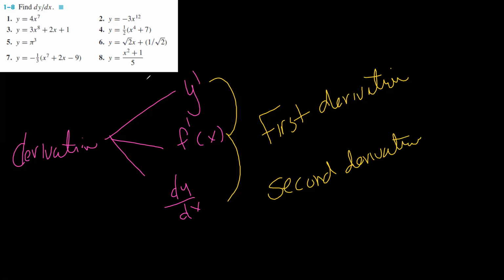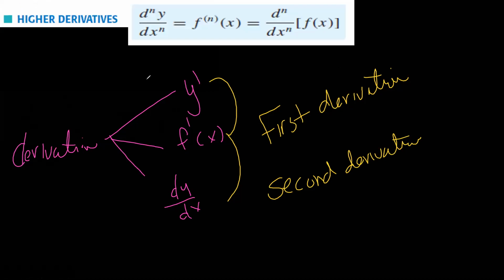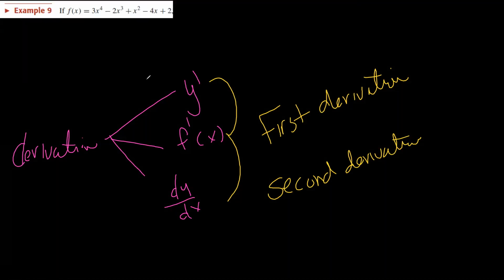can be written as f double prime. This double prime means a second derivation. And if you have f with three dashes, I'm talking about the third derivative.